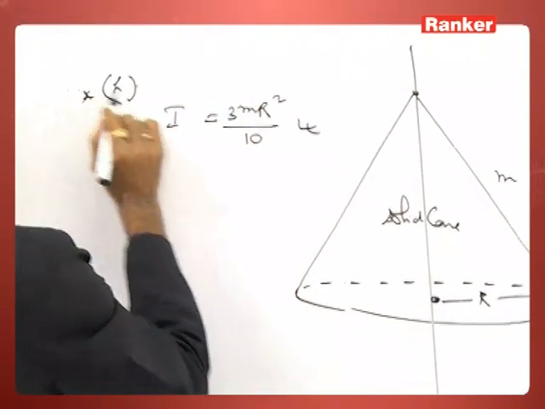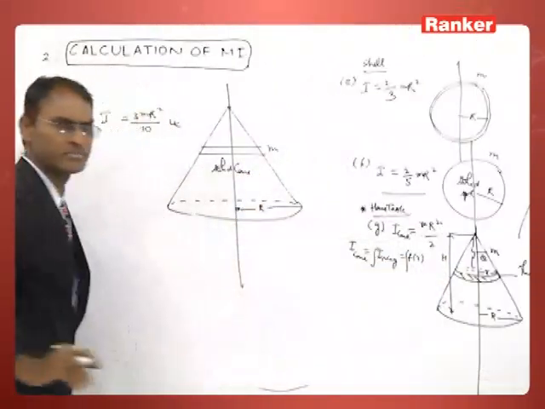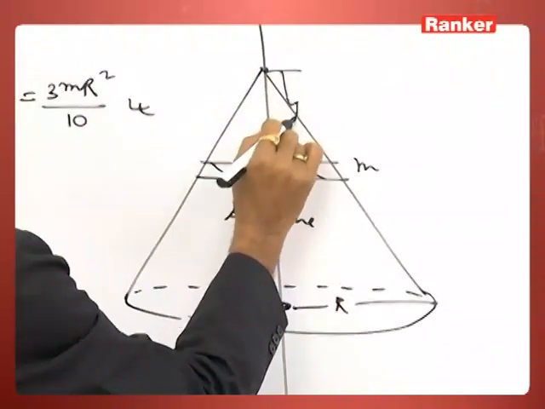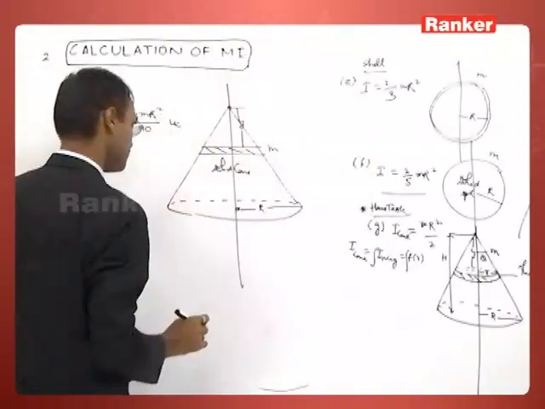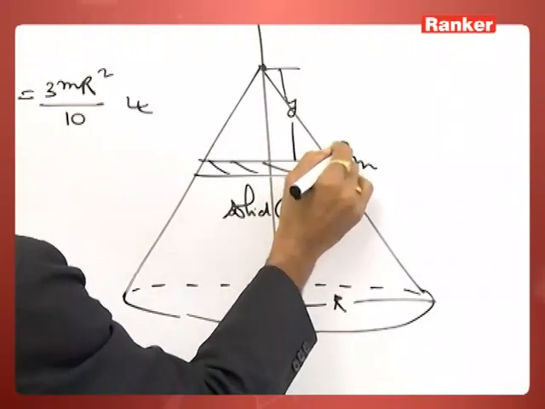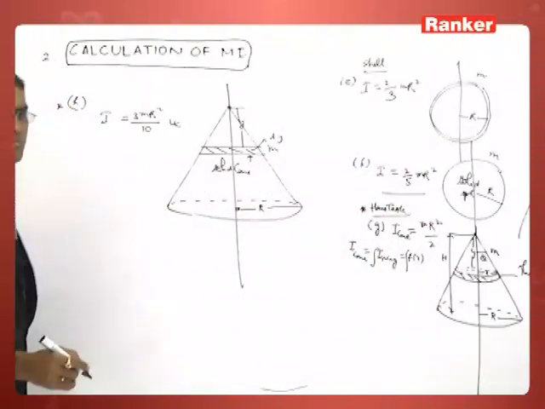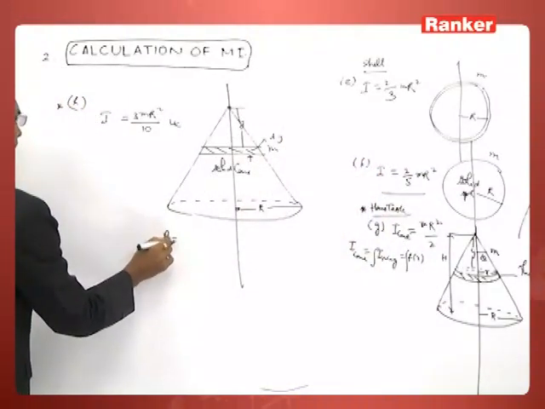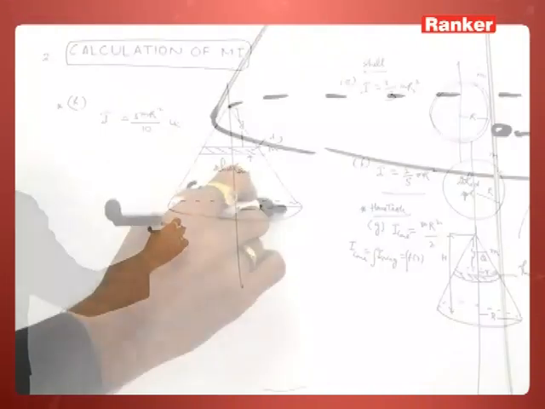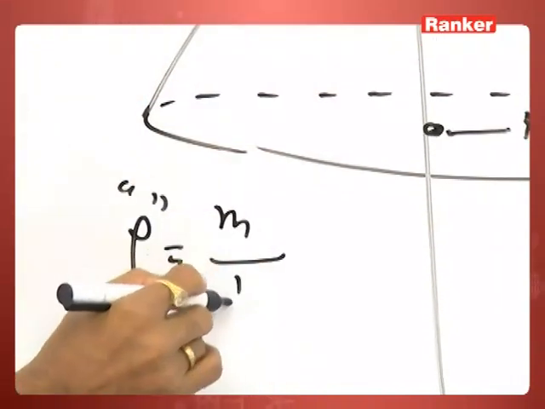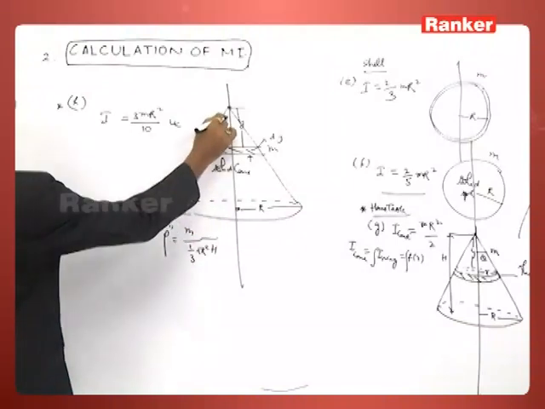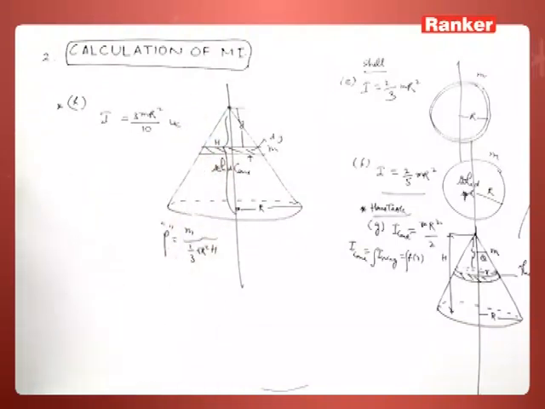That you can prove by taking a thin disk at a distance of y, either from the apex or from the base, and the thickness of the disk is dy. Let us assume that rho is the uniform volume mass density, therefore total mass by total volume, that is 1 by 3 pi r square h, where h is the height of the cone.